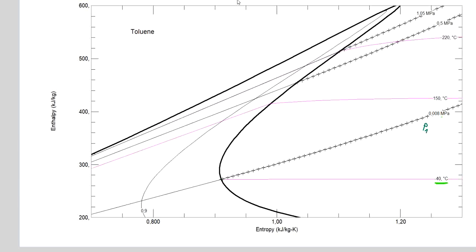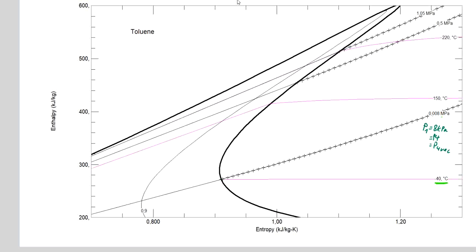So the pressure at point 1 is 8 kilopascals, which is also the pressure at point 4 and the pressure at 4 recuperated.